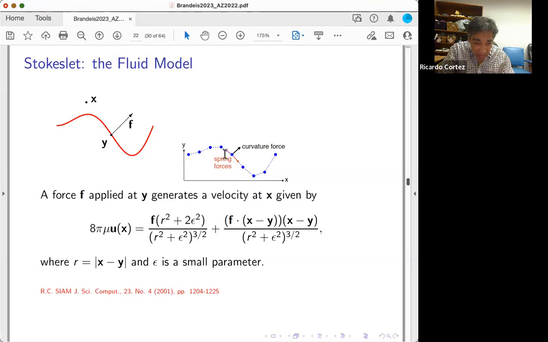So those are tensile forces, and then I might want it to have a specific curvature at different points, and that also creates a force. And if I have a model for computing forces like that, then I can use my regularized Stokeslet to tell me what the velocity is anywhere I want it.